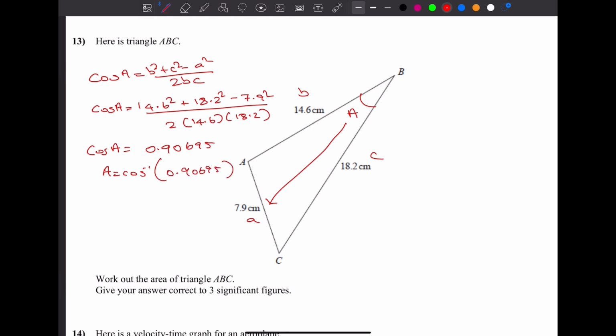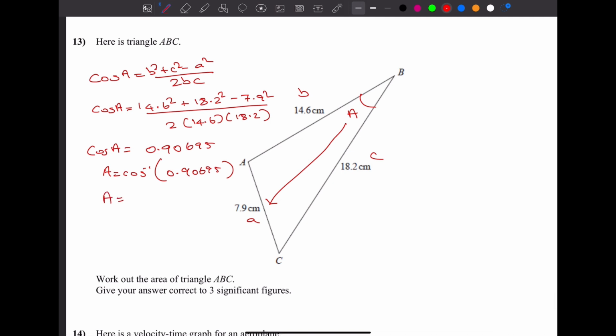And I will always be like cos inverse of my answer key, right? Okay, so cos inverse of that is going to give you the angle.